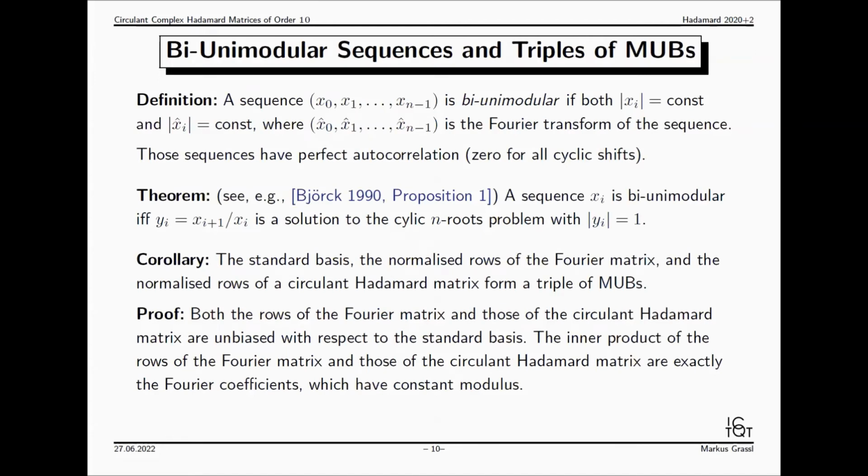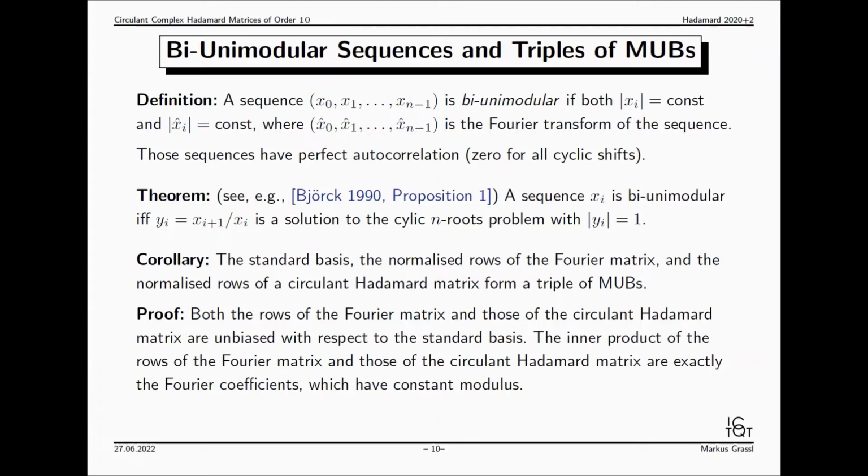There is this other connection to the world of sequences, and that's what they call biunimodular sequences. A sequence here is actually just a finite sequence, a finite vector. And biunimodular means that the vector itself and the Fourier transformed vector both have modulus 1 in the components. And it turns out that this is exactly the condition to have perfect autocorrelation.